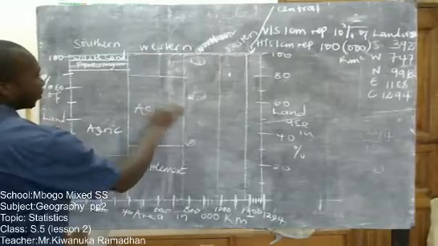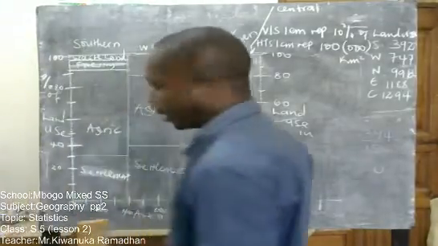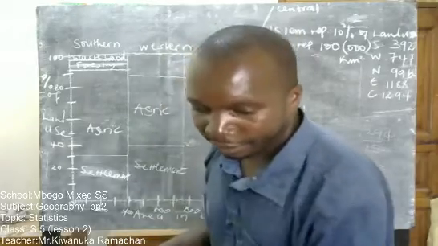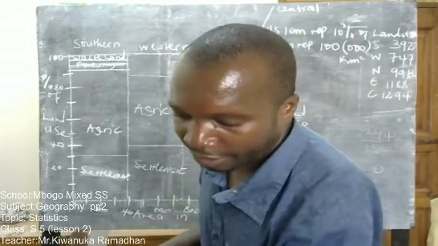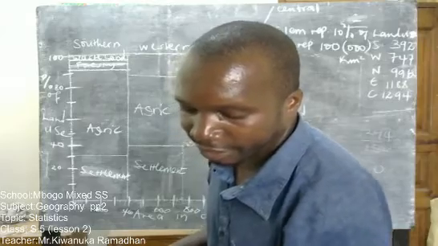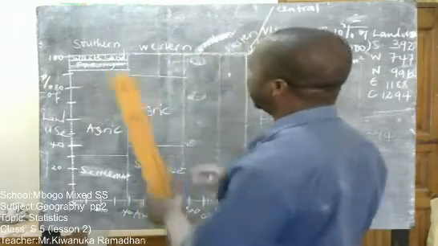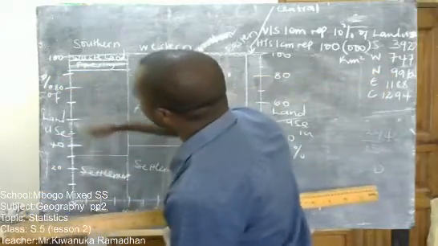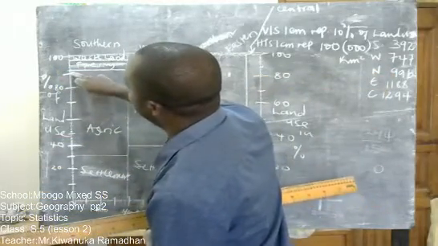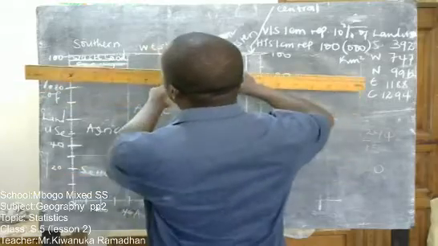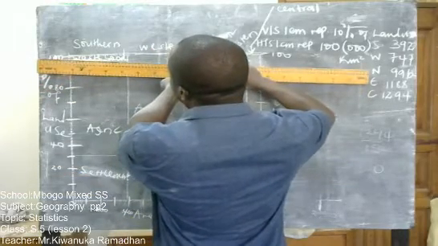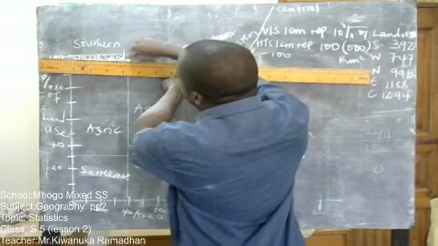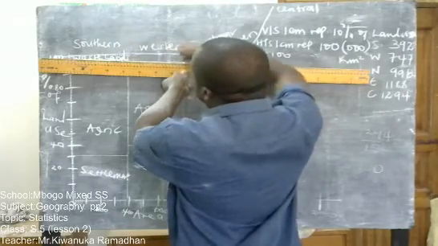And 90, on western, 90 plus forestry, which is 6, it becomes 96. You look for 96. Along the vertical, this is 80, 90. You look for 96 and you put 96.